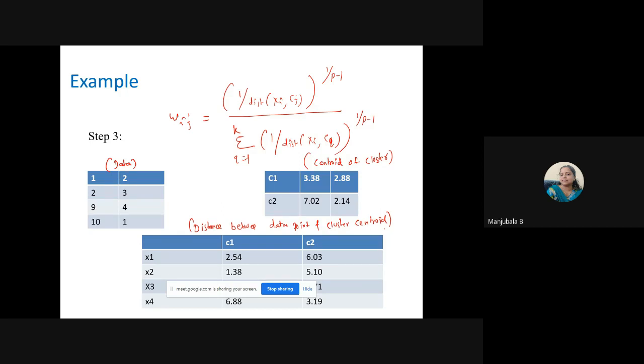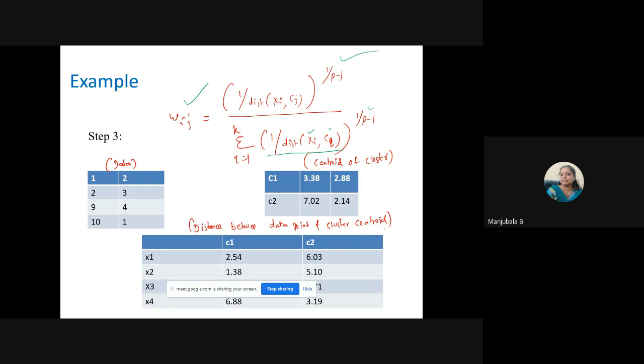So for calculating the weights, the updated weight Wij will be the reciprocal of the distance between Xi and Cj, to the power 1 by p minus 1, that is the influence factor, divided by the summation over all the clusters of the reciprocal of the distance between each data point and the cluster, to the power 1 by p minus 1.